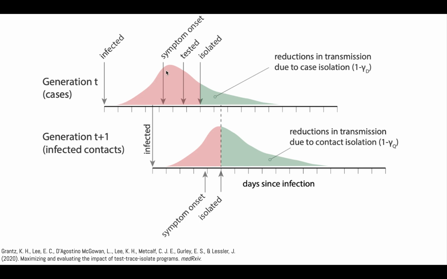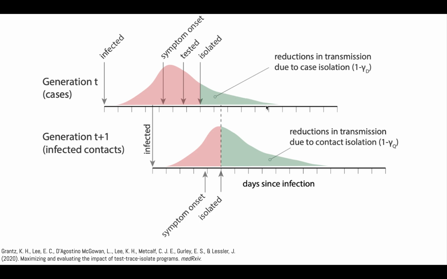Then this is their onward transmission that you would expect, the distribution of transmission. They get symptoms maybe on day 4, 4.5 or so, and then maybe they're tested on day 5 or 6, and by day 7 they're isolated. So all of these days prior, in red, they could be potentially transmitting. But once they're isolated, there's a reduction in transmissions due to case isolation.